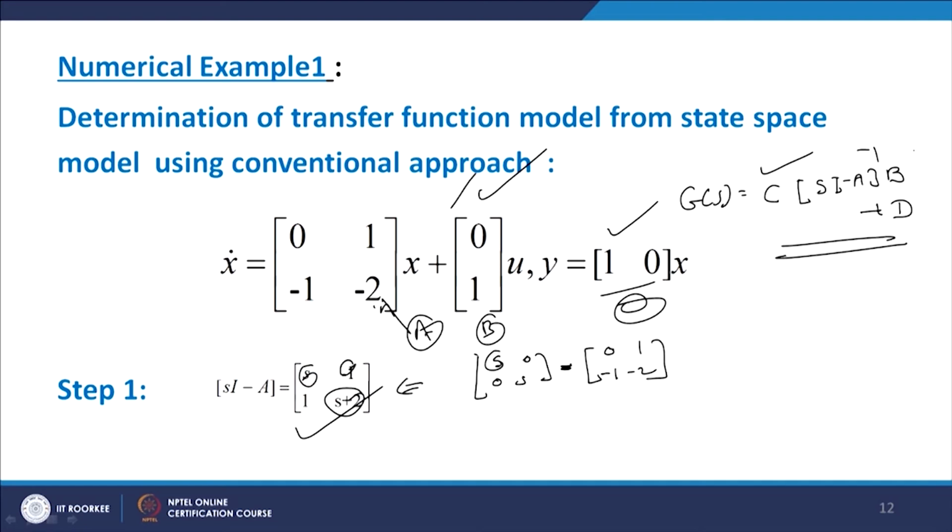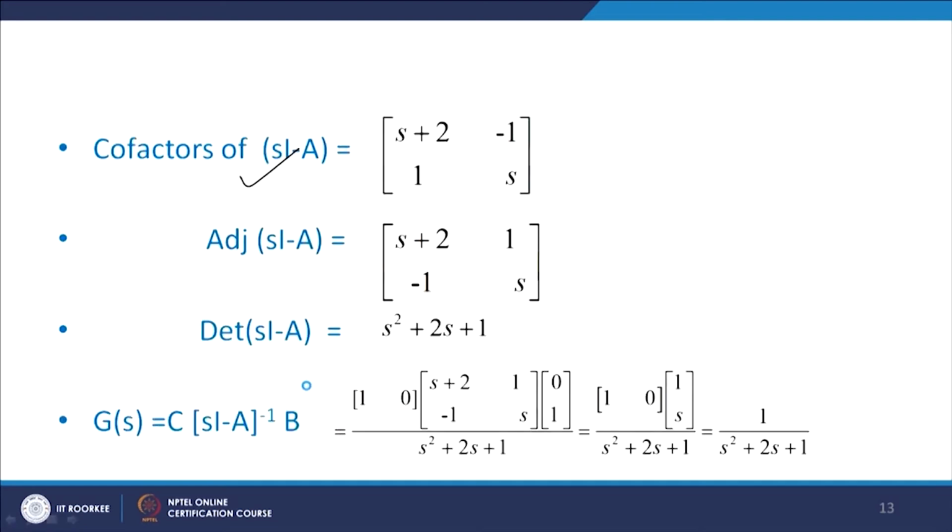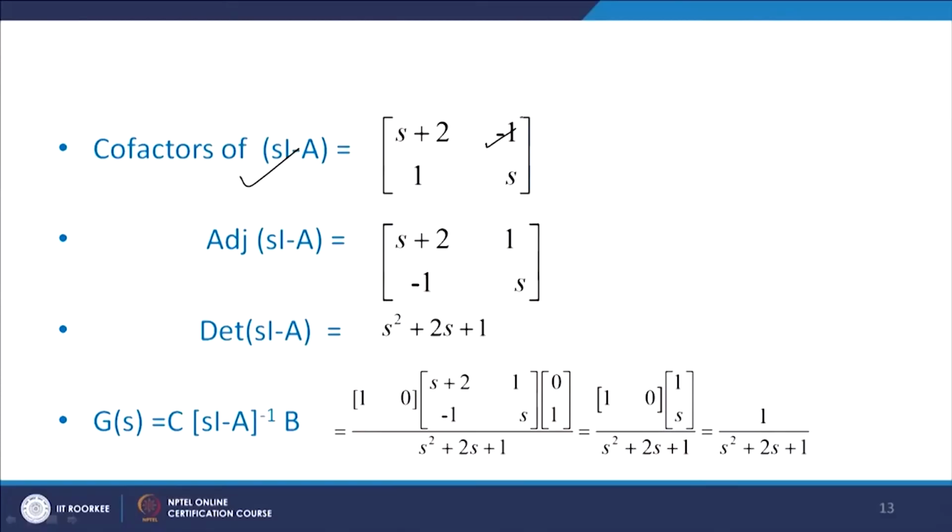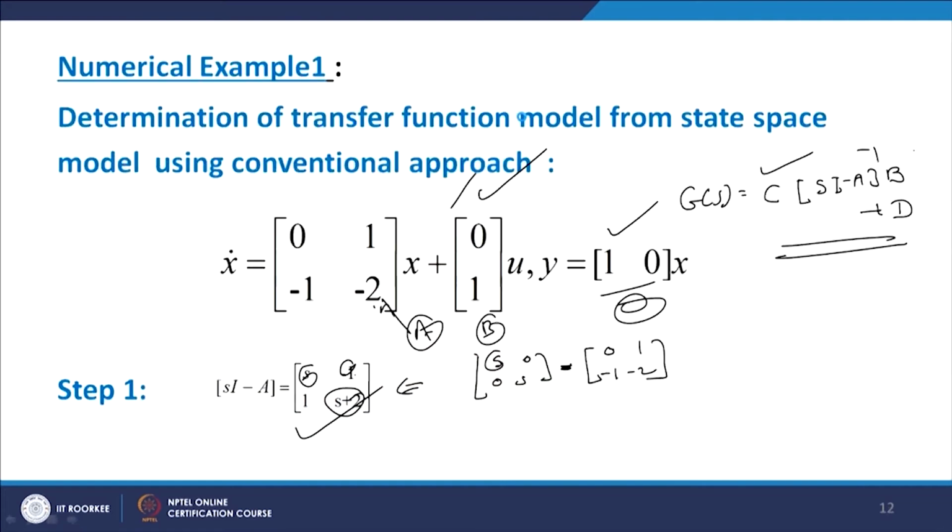The cofactor of this element is 1, but here it is written minus 1, because this is in the first row and second column, so whatever element we get here, we have to assign a negative sign. Similarly, the cofactor of this one is 1, and the cofactor of the last is s.